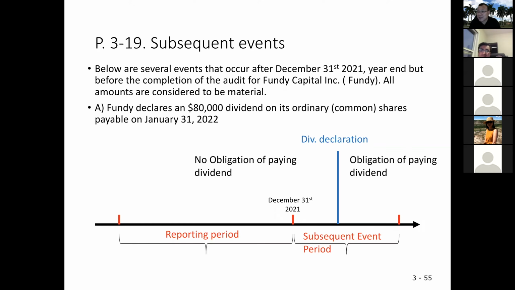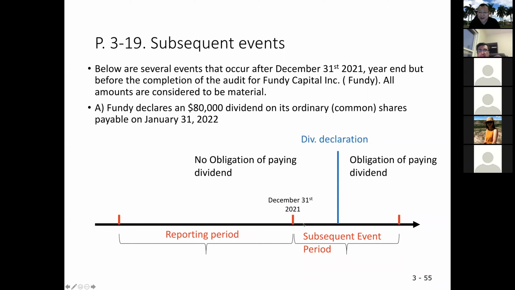I heard people saying recognize it in the notes, right? Yes, that's right. Is this a liability? It is a liability, but it occurred after the cutoff period. So that's why it should be reported in the notes.